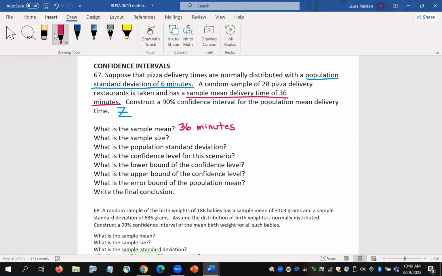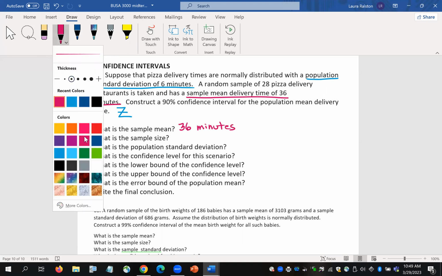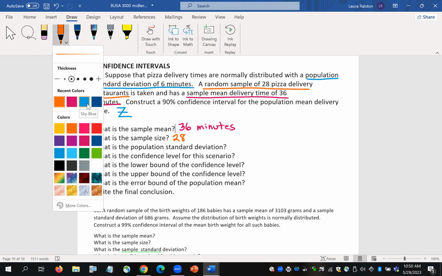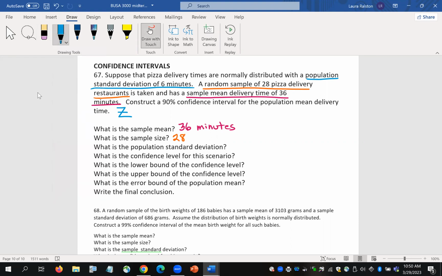Okay, it says, what is the sample size? It says a random sample of 28 pizza delivery restaurants. So my sample size is 28. The population standard deviation, I already identified it's 6.